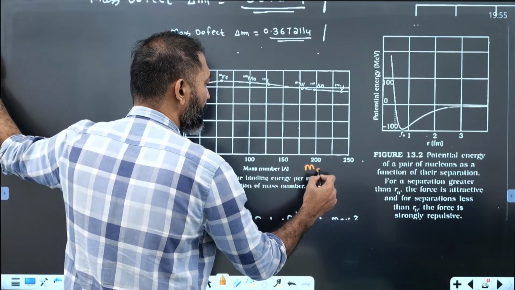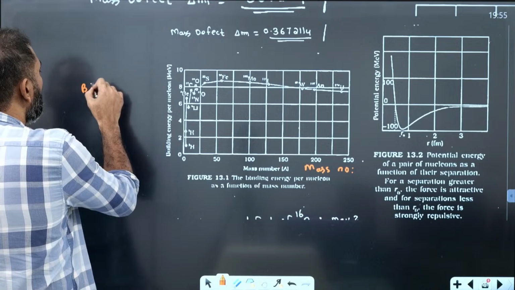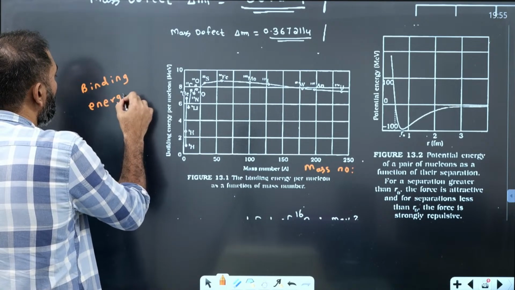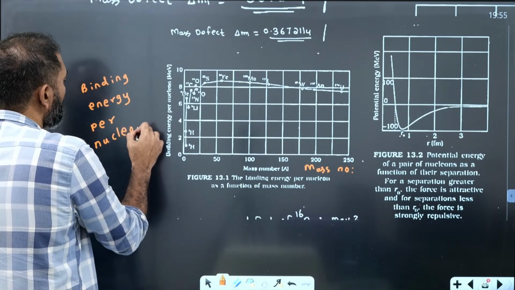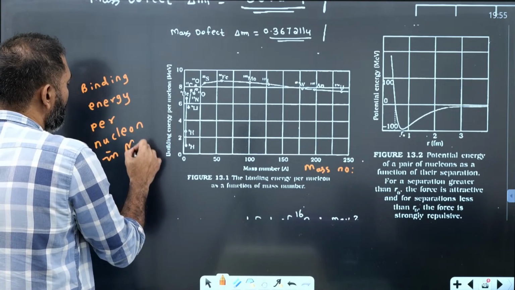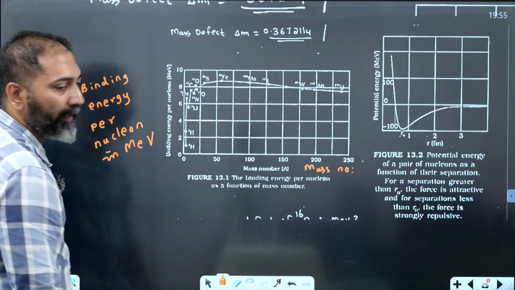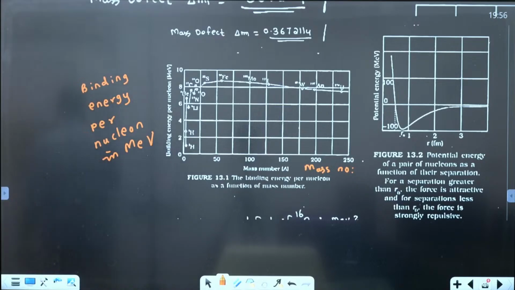Binding energy per nucleon in MeV. I hope the graph is clear. Any doubt?